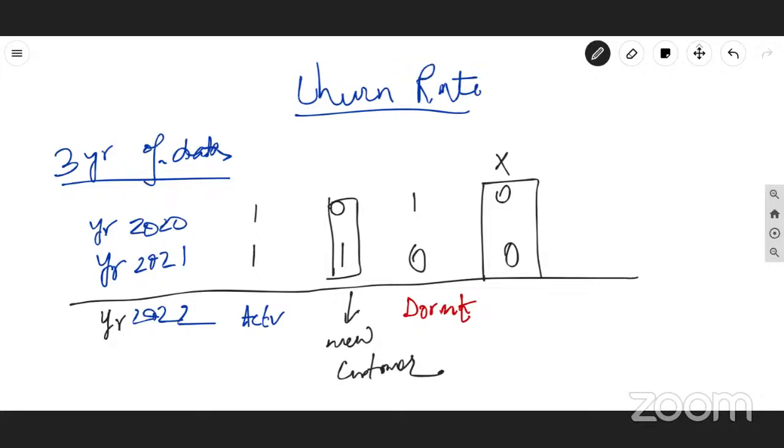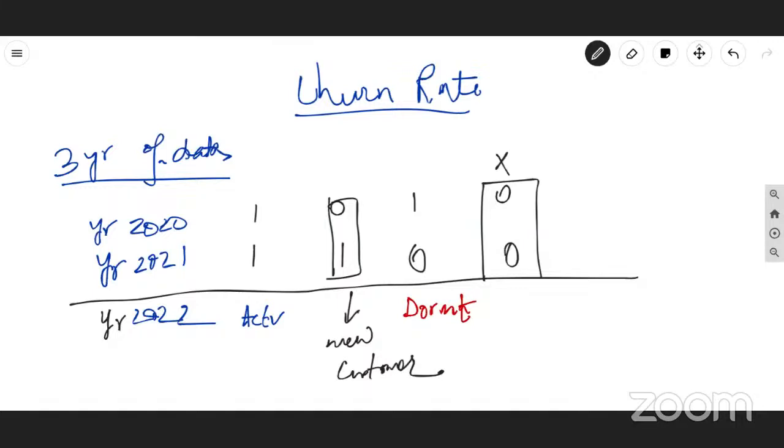So Rishabh, I think that to tag a customer as a new customer or a dormant customer, this data is very limited. Maybe in 2020 the customer visited as a one-time customer and then has not visited, and we are considering it as dormant, or maybe in 2021 the customer who visited is a one-time customer.